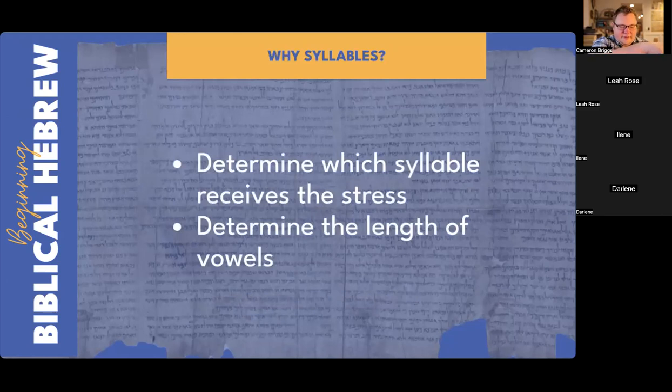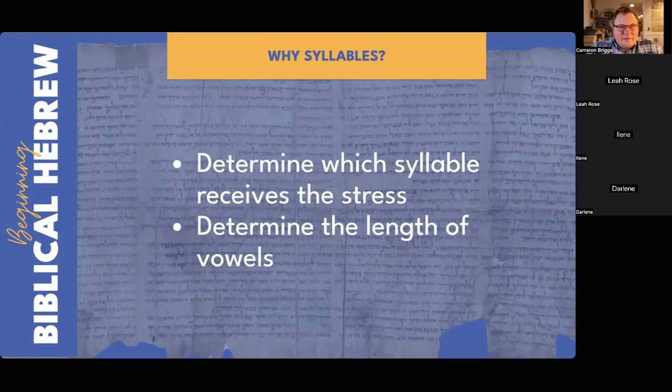All right, so why syllables? Because this is the hardest part of any language, right? Is learning all of the grammar rules. But syllables are super crucial so that we know where the stress goes. If you've ever had any experience with a foreign speaker trying to speak English and they put all of the stresses in the wrong places, it almost makes it unintelligible, especially if you're going really fast.